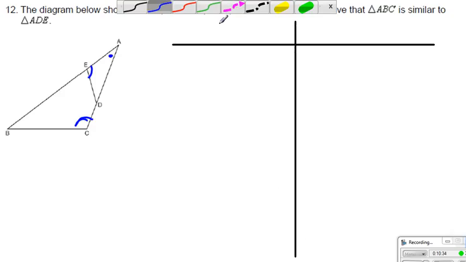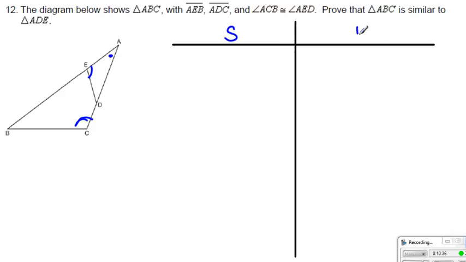So first, this will be the statement. This one will be the reasoning. First, angle ACB is congruent to angle AED. Why? That's given.